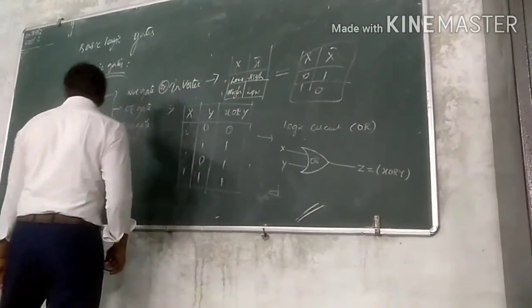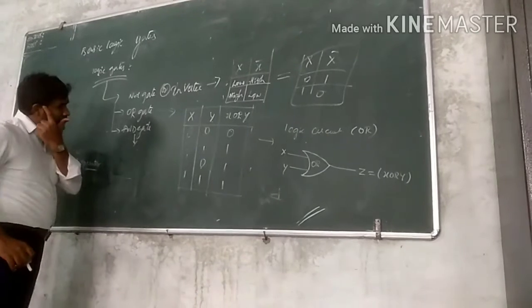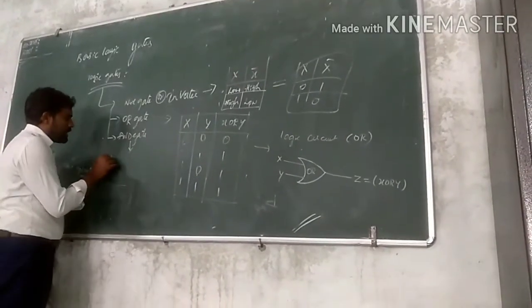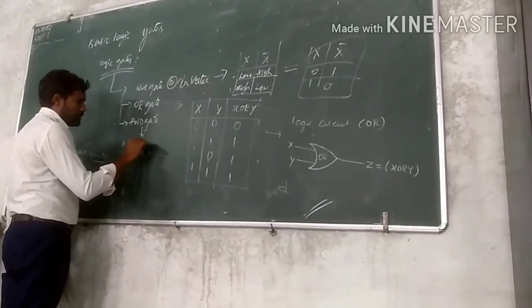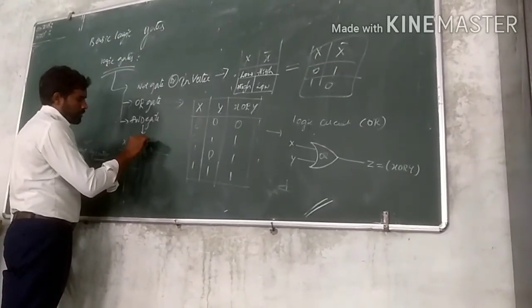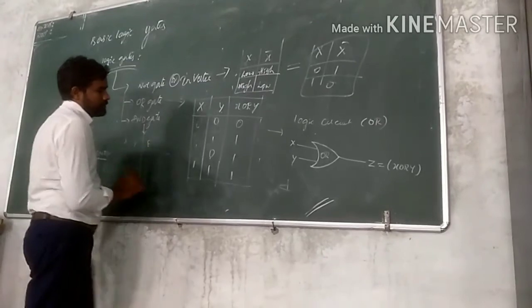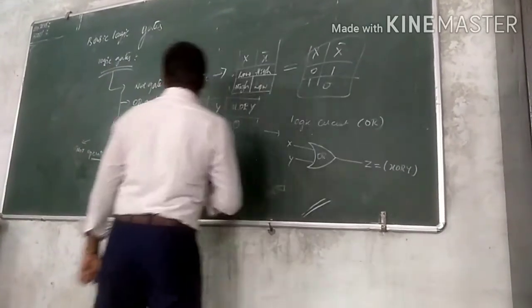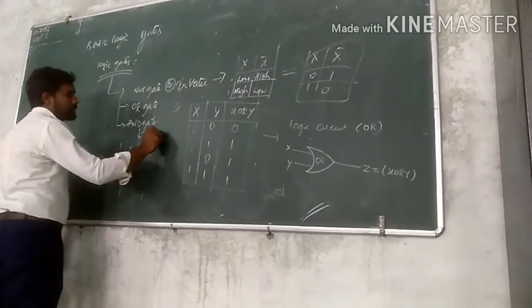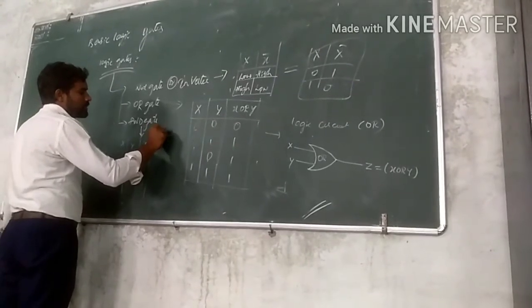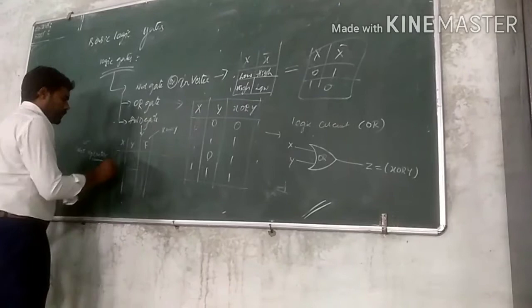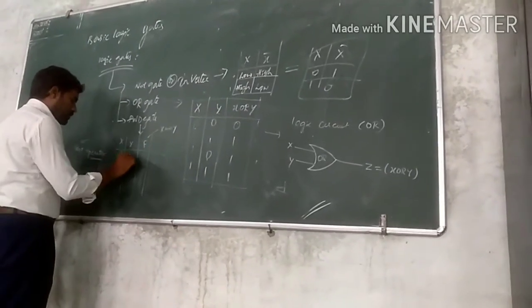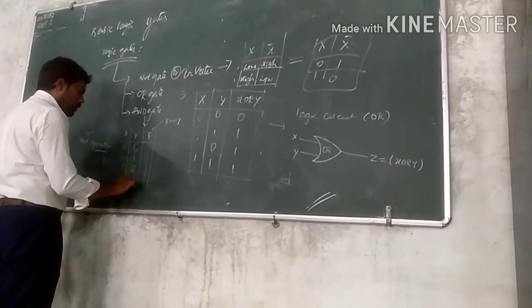Now we will go with the AND gate. So what exactly is the AND gate saying? The AND gate is saying x and y, that is f, make it f. So f means x and y. So 0 0 1 1, 0 1 0 1.